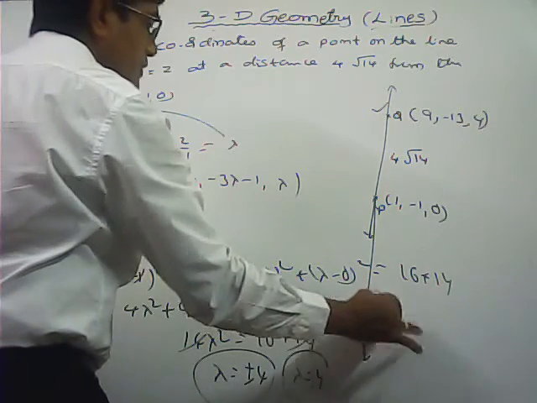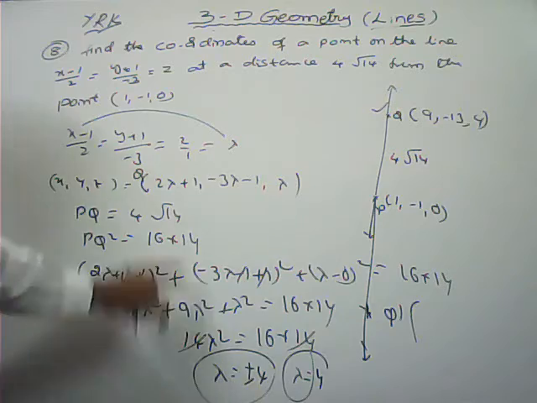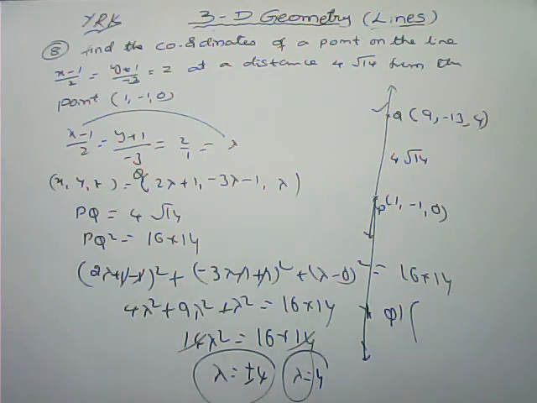By taking lambda equal to minus 4, we can get one more point. One is a forward point, another is a backward point to the given point. So there are 2 points on the given line which are at a distance 4 root 14 from (1, minus 1, 0).